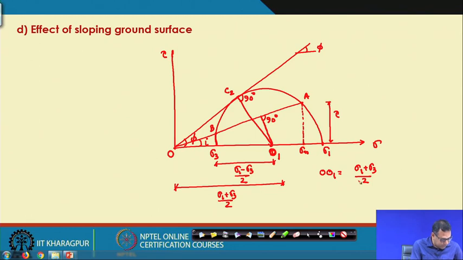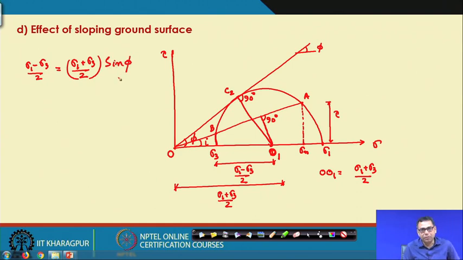Now, I will again write that from this Mohr circle I have already proved that sigma 1 minus sigma 3 divided by 2 is sigma 1 plus sigma 3 divided by 2 into sin phi. Now, how are we getting that?